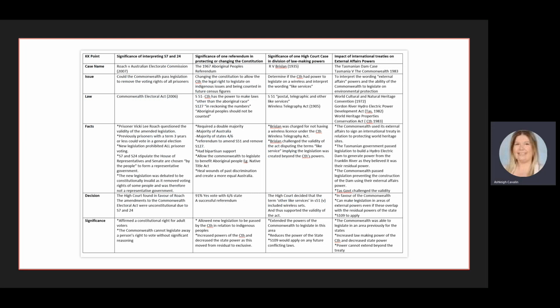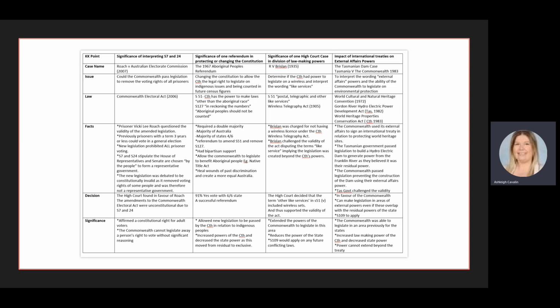So, the significance of one referendum in protecting or changing the Australian Constitution. We can use the 1967 Aboriginal People's Referendum. The issue. Essentially, we wanted to change the Constitution to allow the Commonwealth the legal right to legislate on Indigenous issues and that Indigenous peoples be counted in future census figures.